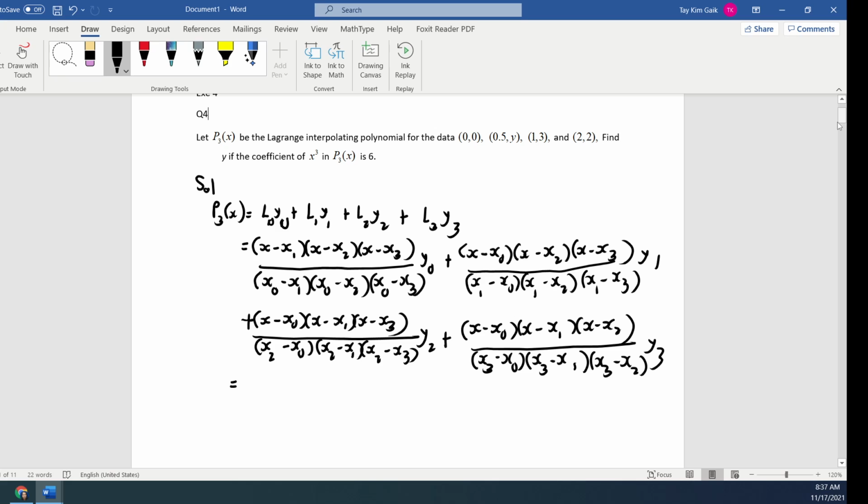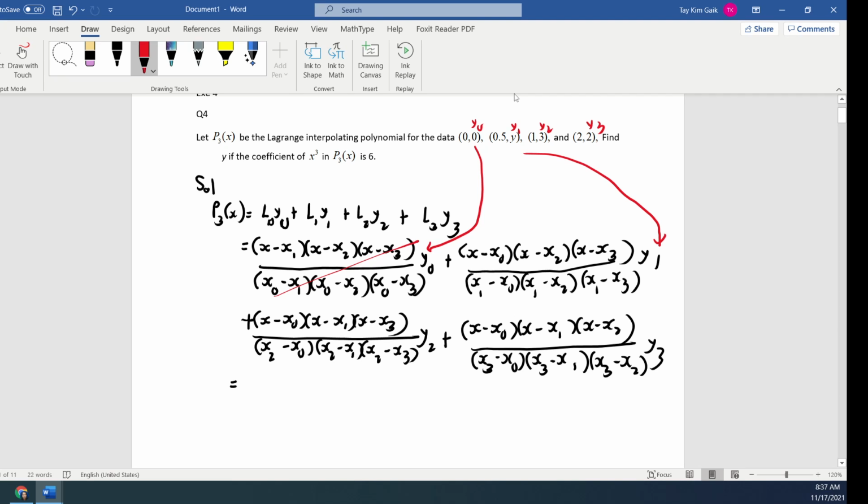For y0 you plug in 0, so because y0 is 0, you multiply anything with 0, this term is gone. And y1, y2, y3 are plugged in with y, 3, and 2, with all the corresponding x0, x1, x2, x3. So the first term is gone because y0 is 0.